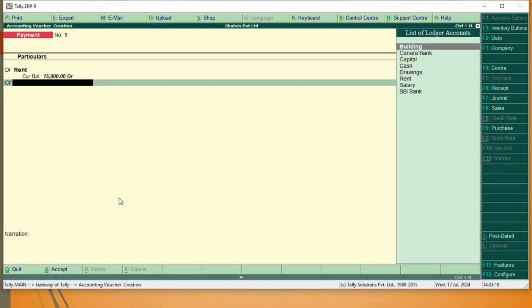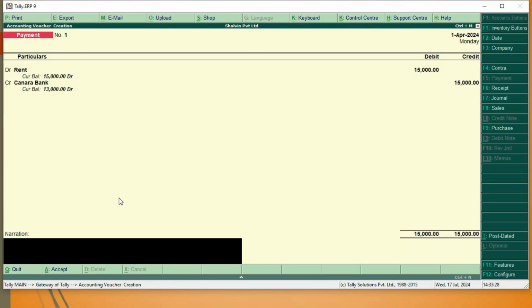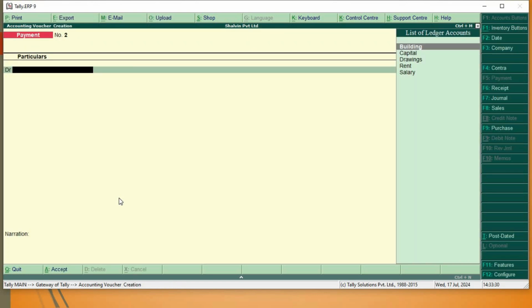Credit side, it is by check, so you're going to take bank account. So I said one thing you have to remember, that in payment voucher, always the credit side will be cash or bank. When you're making payment, how you're making payment is the other account. What you're paying and how you're paying. Whether you're paying by check or cash.